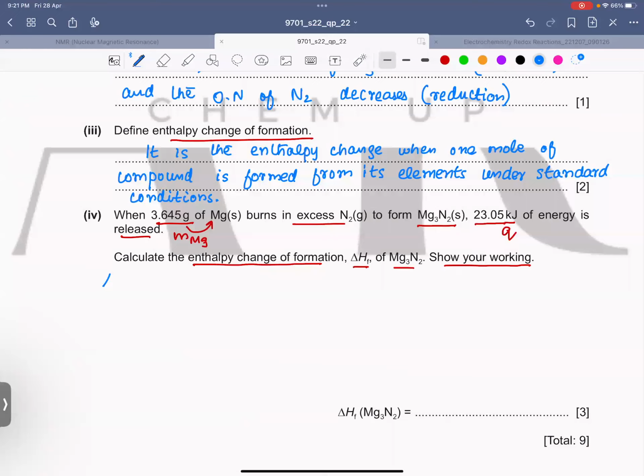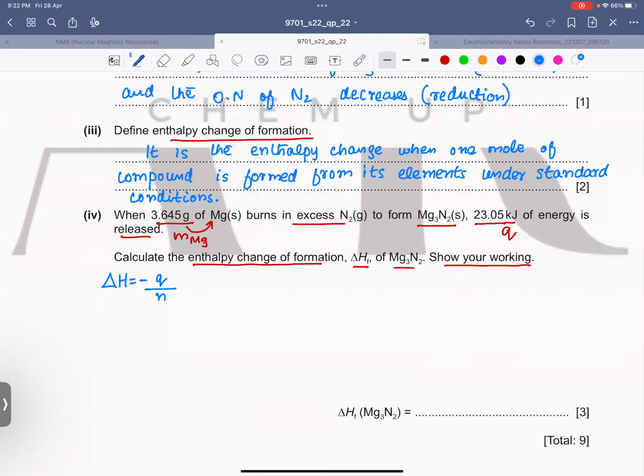Okay, so to find the enthalpy change, there is one expression: enthalpy change is equal to minus Q over number of moles. This Q is provided over here, right?